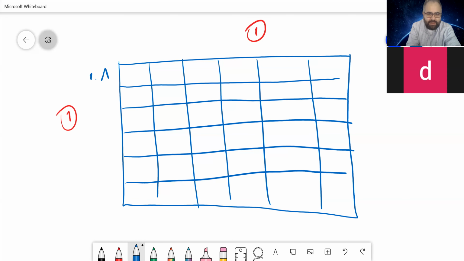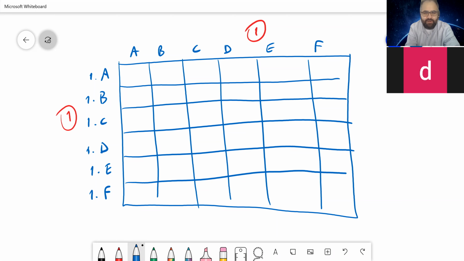Then you have sector A, B, C, D, E, F. So these could be different sectors: agriculture, mining, industry, construction, services, etc. Or you can have different firms.